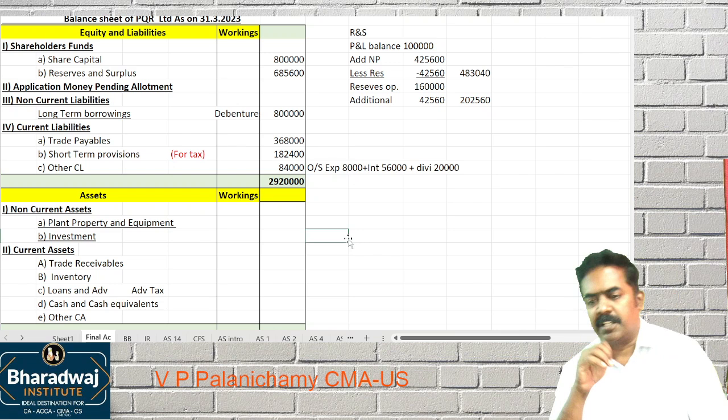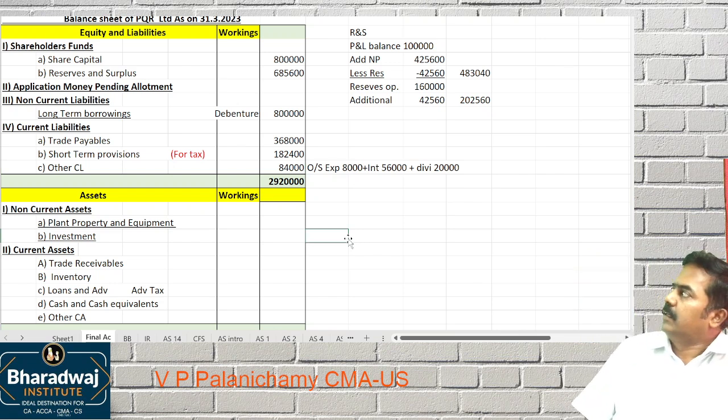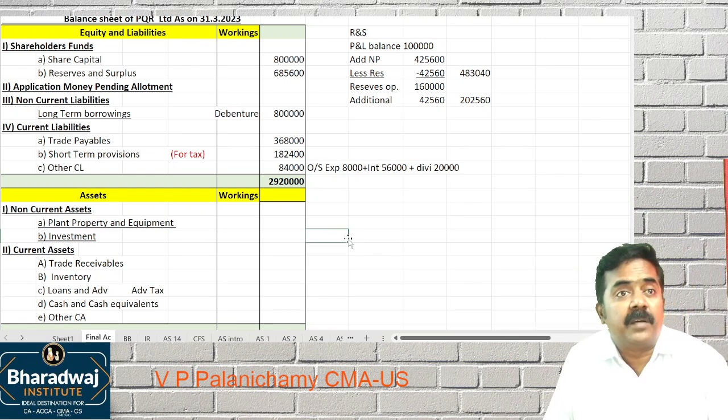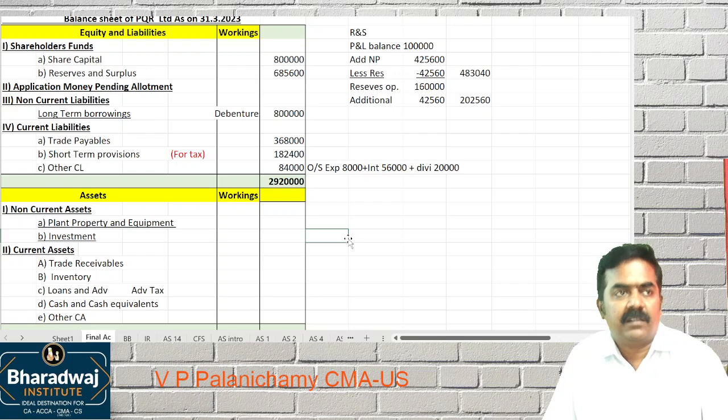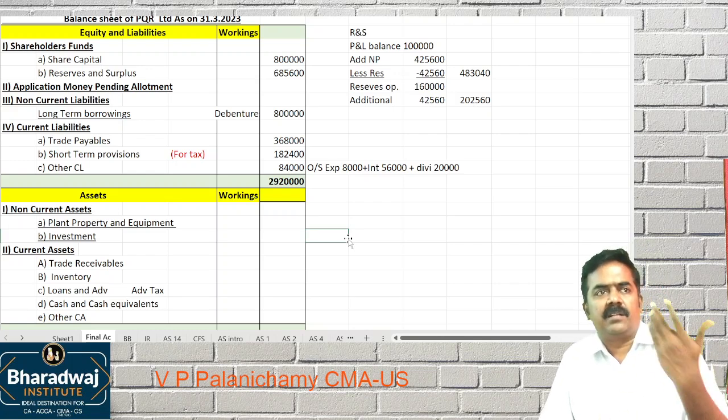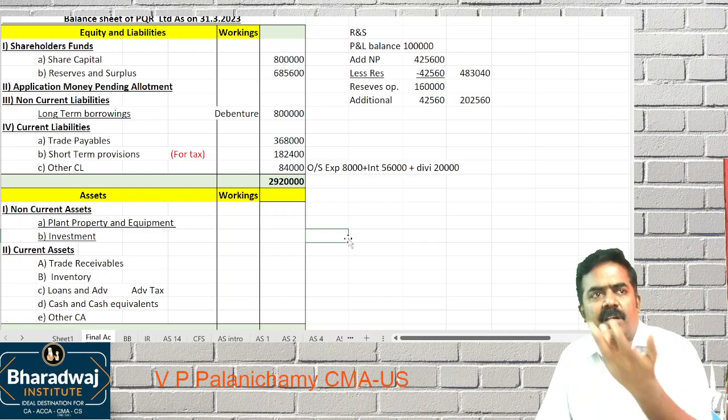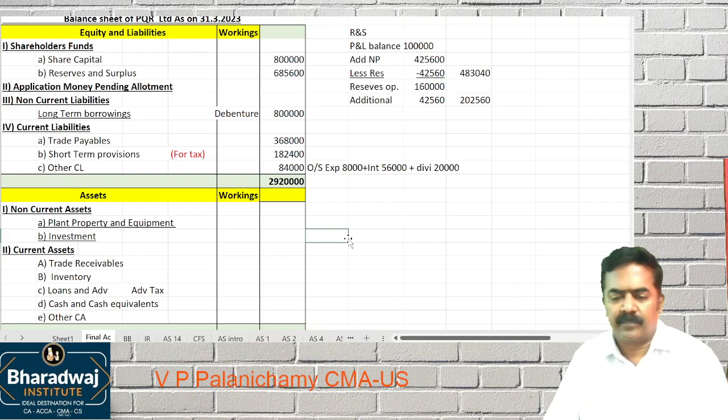Outstanding expenses, outstanding interest, and dividend proposed or dividend payable. In the trial balance, is it dividend proposed or dividend payable? Payable means declared but not claimed. He declared the dividend, but maybe because of some dispute or non-availability of the shareholders list or some issues, that account would not have been credited or not paid.